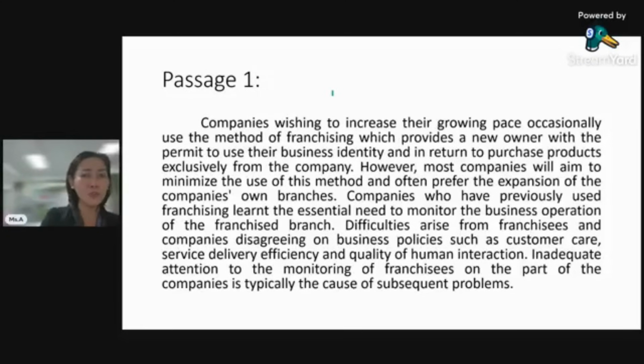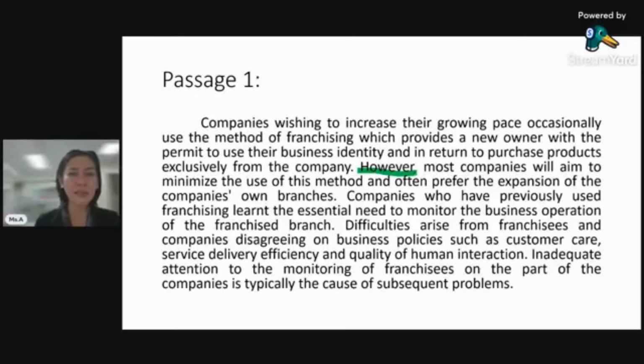Passage is yung group of sentences, no? Naka-paragraph. Yan. However, so yan, meron po tayo kagad na parang ah, basihan. So, however, most companies will aim to minimize the use of this method and often prefer to the expansion of the company's own branches.